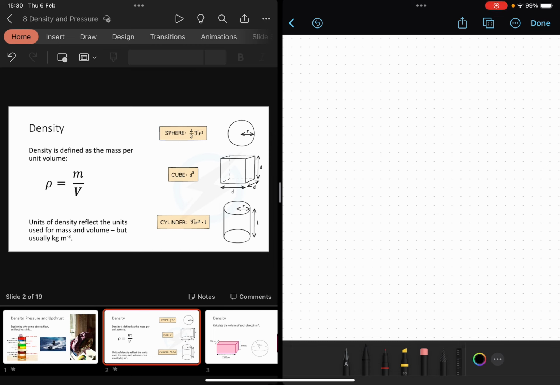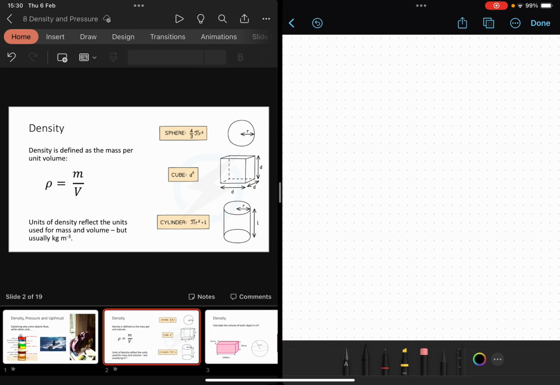It's a reminder that a centimetre is 10 to the minus 2 metres, a centimetre squared is 10 to the minus 4 metres squared, and a centimetre cubed is 10 to the minus 6 metres cubed. So the rectangular object that you've got on the left, you would need to divide each of those dimensions by 100 to convert them from centimetres into metres.